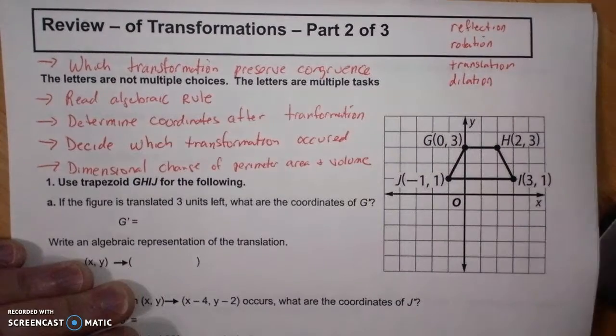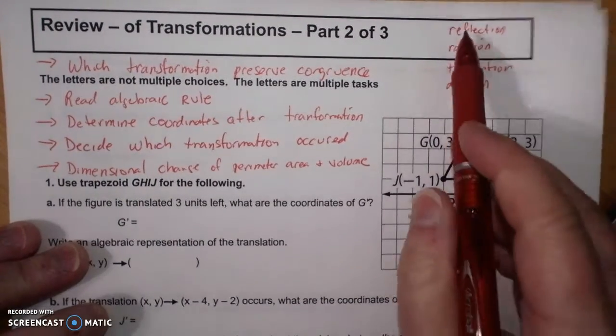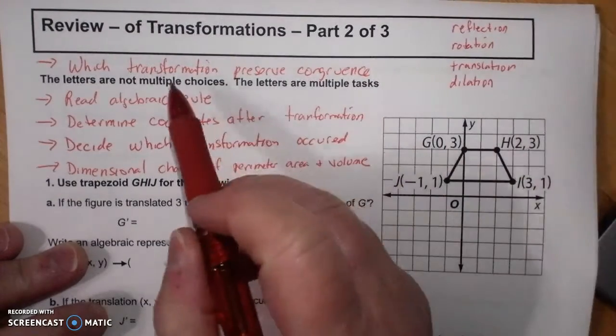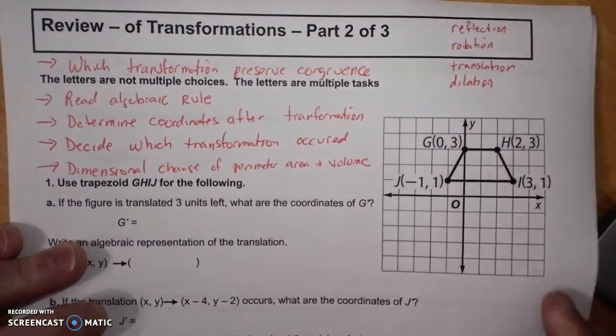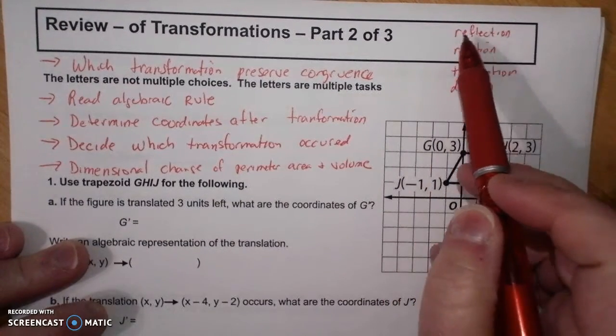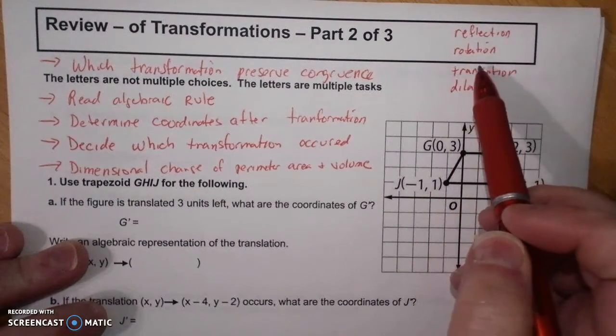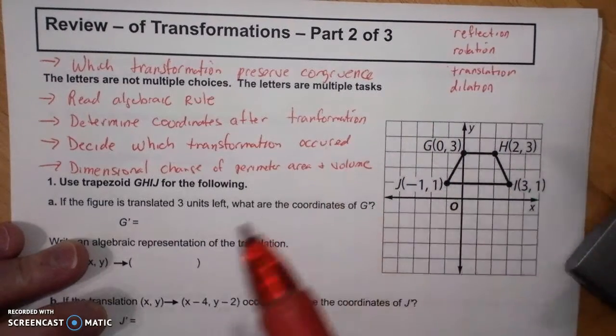My apologies. I'm going to pause while I put him away. So of these 4, you need to know which one, when I do it, preserves congruence. And there may be more than one of them.